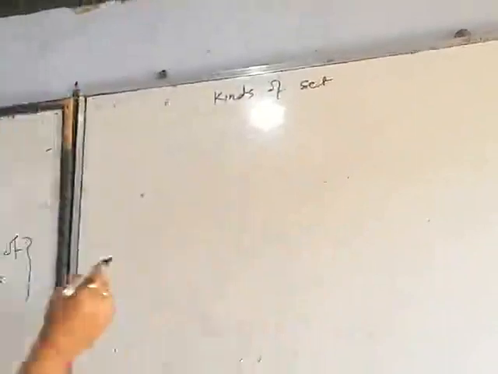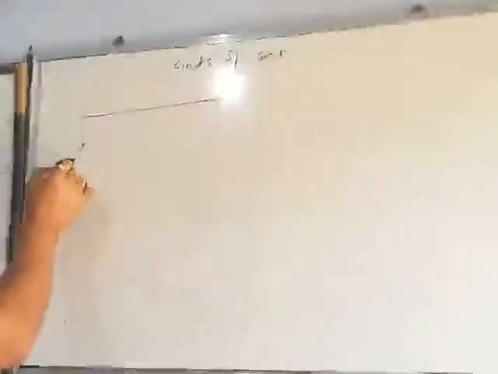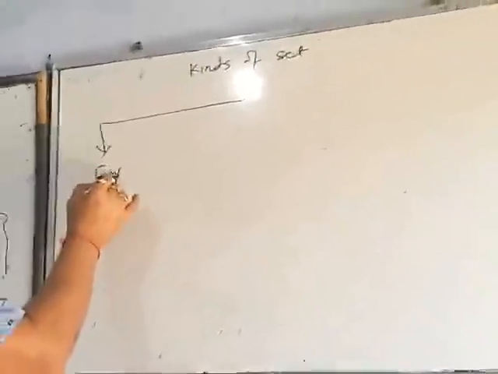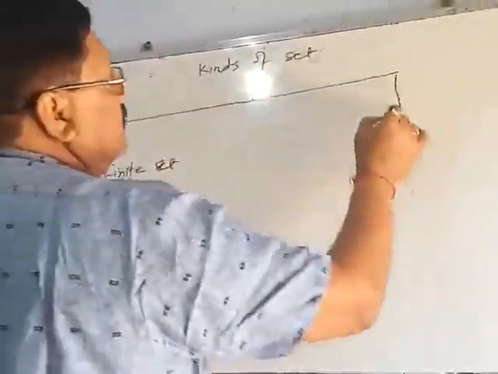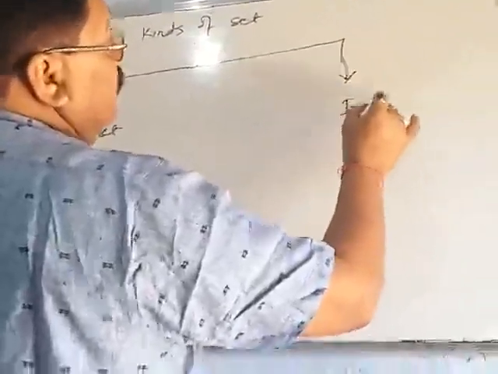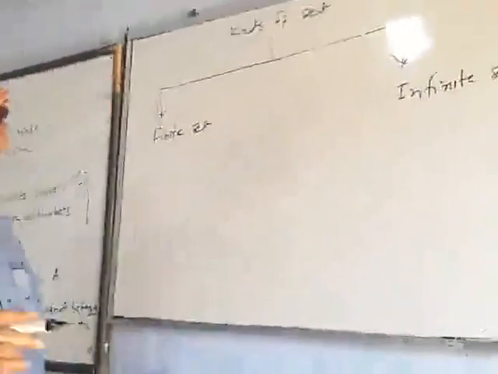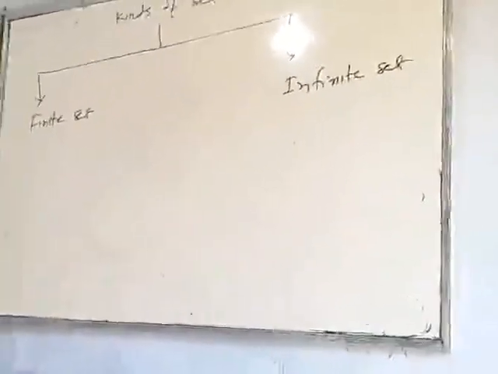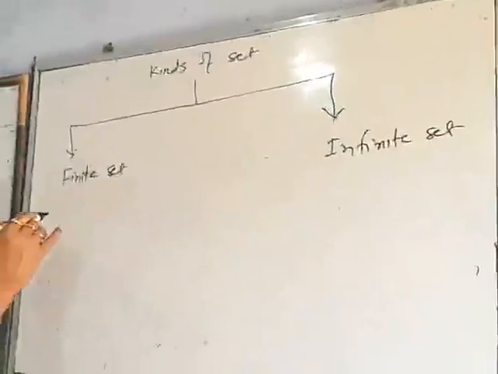Mainly there are two kinds of set. First is finite set and second is infinite set. Finite set and infinite set. Now come to the finite set.